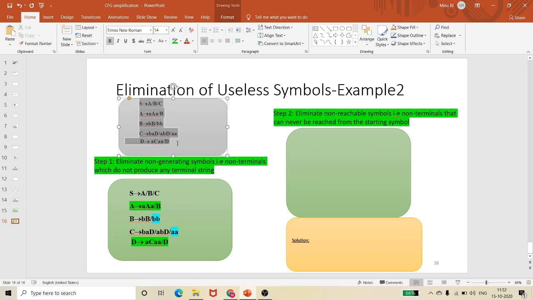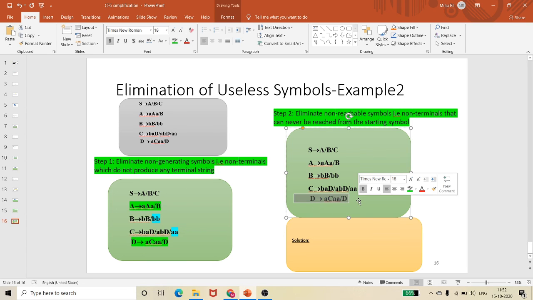Now, let us try to find whether any non-reachable symbol is there. If I am checking for non-reachability, from the start symbol I can reach A, from the start symbol I can reach B, from the start symbol I can reach C, okay, fine. But can I reach D?